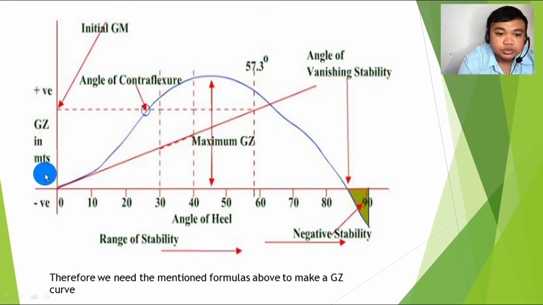Okay, so without understanding the formula, you will not be able to understand what is within the curves. So you have there the GZ at this side, and you have here at the bottom part the angle of heel. Okay, so that is the angle of heel.